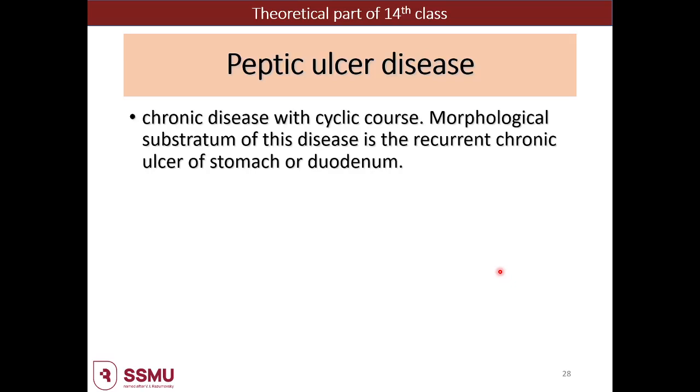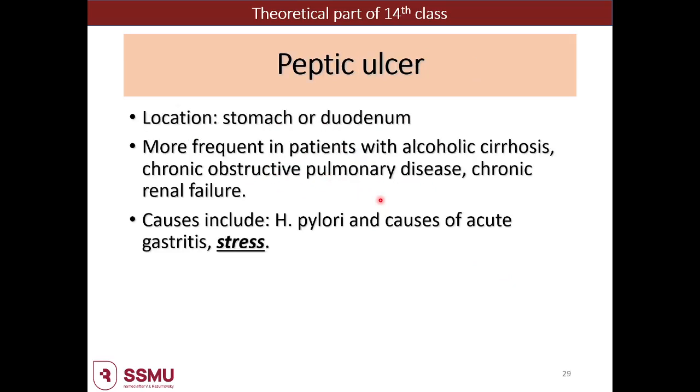Morphological substrate of disease is recurrent chronic ulcer of stomach or duodenum, and you should understand that peptic ulcer may localize not only in stomach but also in duodenum. We have already told about it.